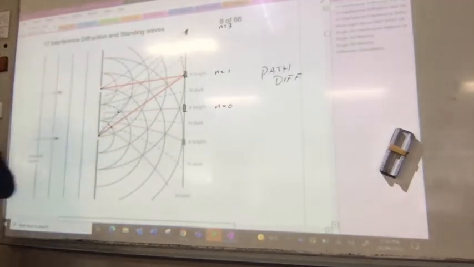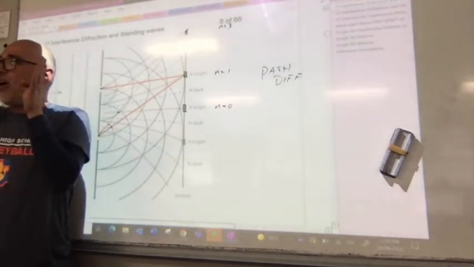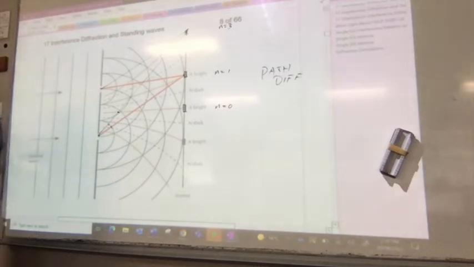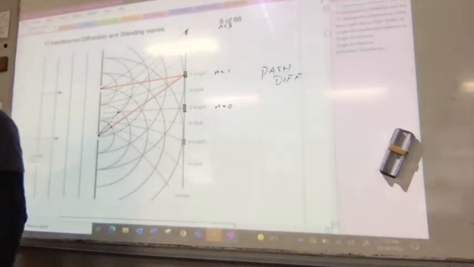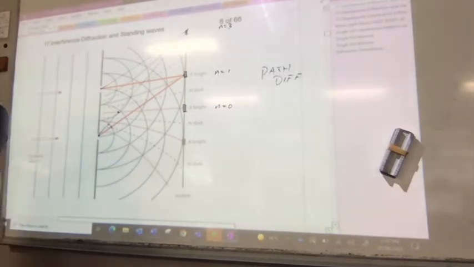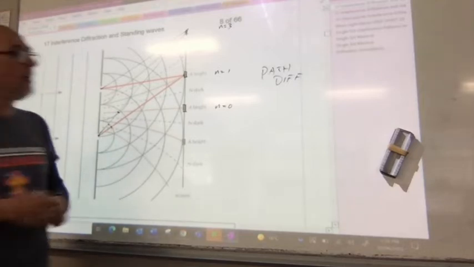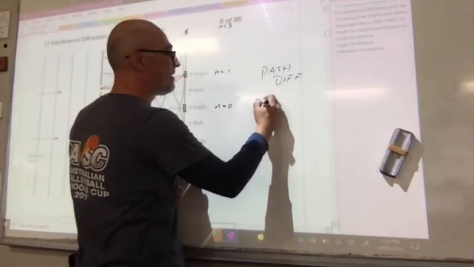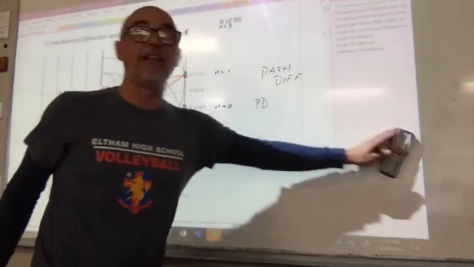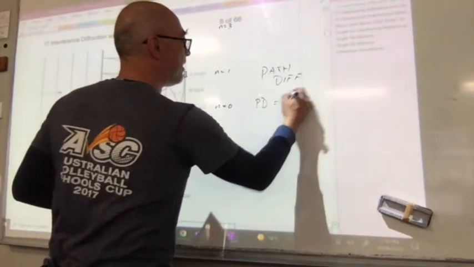If those distances are exactly a whole number of lambdas apart, then you know that you have a path difference that will lead to a bright spot on the screen. So the path difference, you'll see it written like this, and you'll also see it written like this.